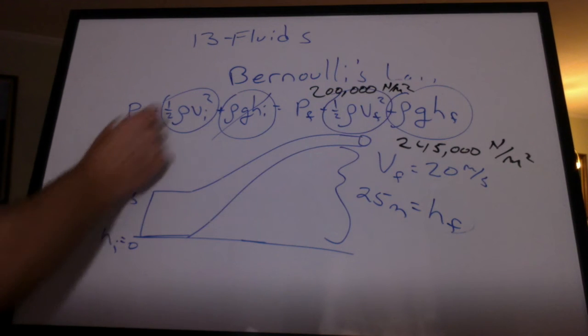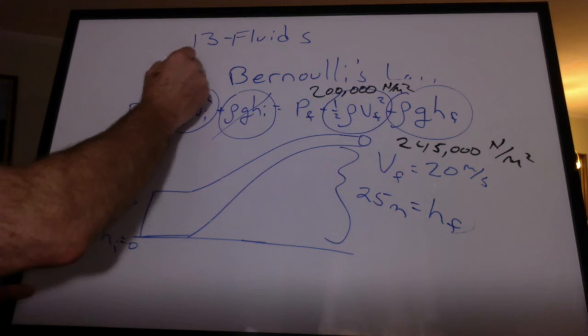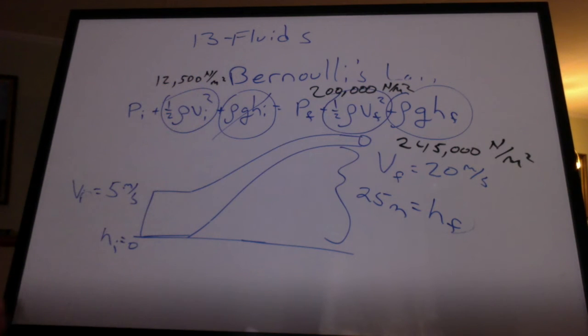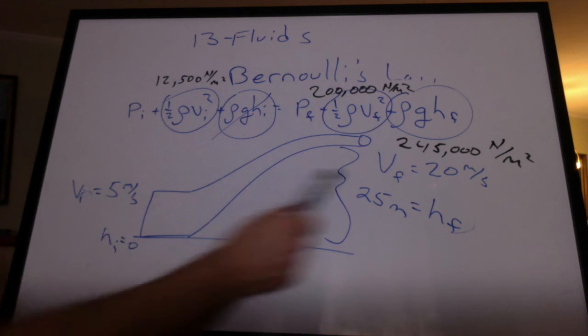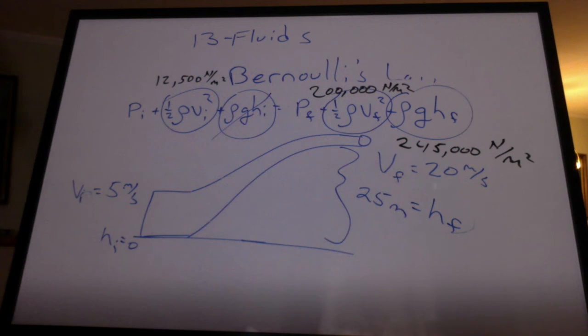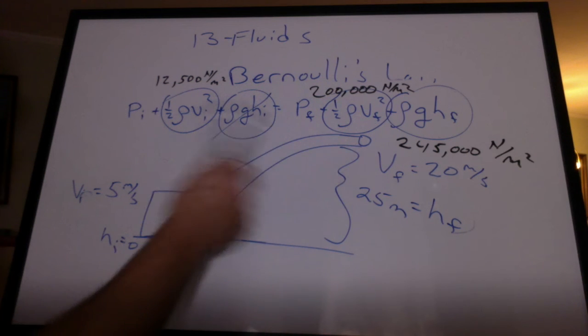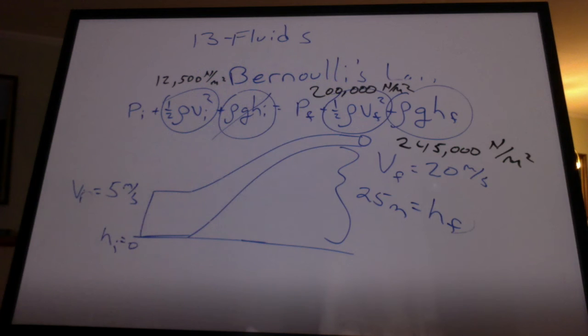Over here, I'm going to use 5 meters per second, and I'm only going to get 12,500 newtons per meter squared. Hey, that's interesting. Why is this number so much bigger? Well, first, the velocity is going up by a factor of 4. But the velocities are squared in these terms, so 4 times 4 is 16, and you end up with 16 times your kinetic energy.